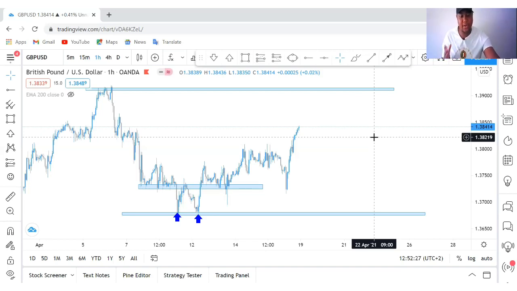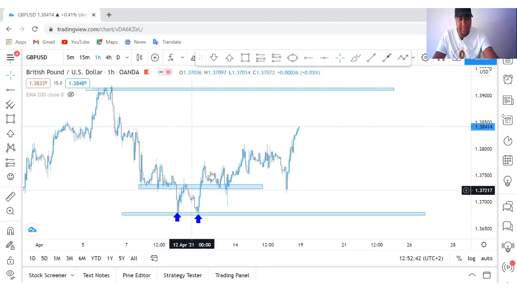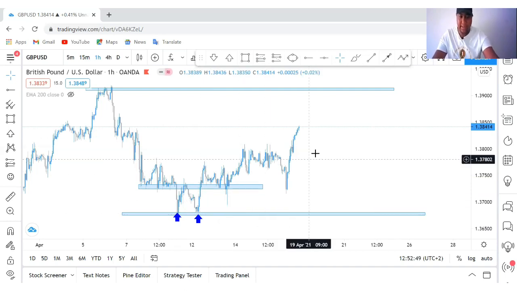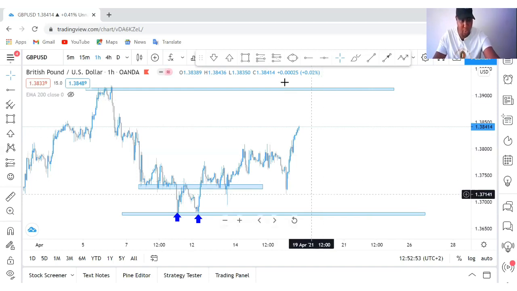So I find myself most of the time looking for trend continuation trades rather than reversal trades or counter trend trades. In this case, you can simply see that the market was giving us higher highs and higher lows, and we can definitely identify that it's bullish.